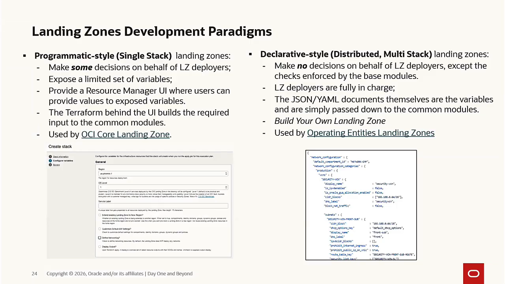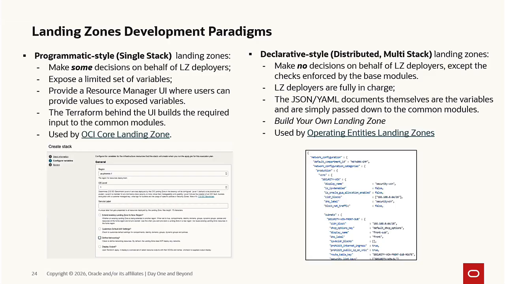In the sense, there is a Terraform configuration with some logic embedded that processes those input variables and deploys. In addition to command line Terraform, core landing zone can also be deployed via the OCI Resource Manager service, where a graphical user interface is provided, as we can see in the left-hand side on this slide here at the bottom.